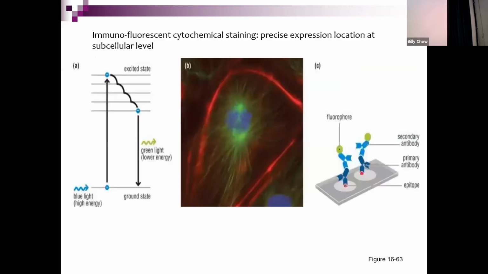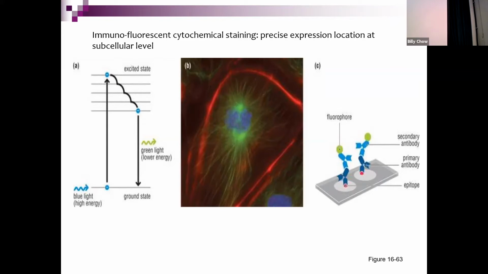Okay, so now because we can attach a conjugate enzyme to the secondary antibody, you can also attach a fluorophore, a protein or a chemical structure that can be activated by laser. And when it relaxes, it can give out a color you can detect. Okay, and this is immunofluorescent staining.